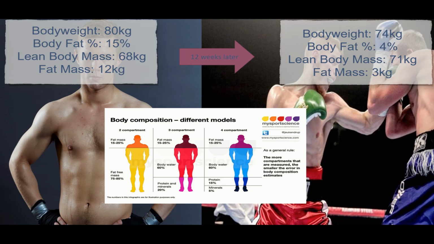The 3-compartmental model, where we look at fat mass, body water and protein and minerals, and then the 4-compartment model, where again we separate fat mass, body water, but this time we can say specifically how much muscle protein we had, and also how much minerals made up his total body composition.